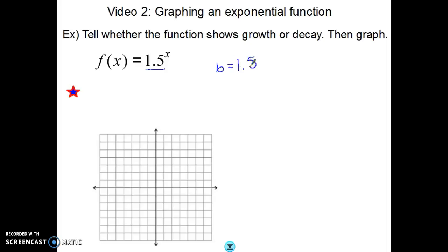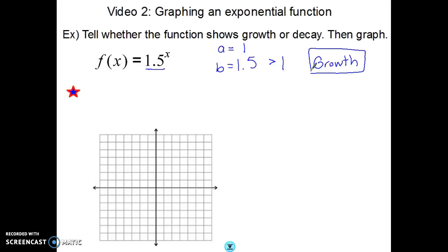It initially appears there isn't an a value, but if there isn't, then it must just be an invisible times 1 out front. In other words, our starting value is just 1. Well, b is 1.5, which is greater than 1, which means this must show exponential growth.